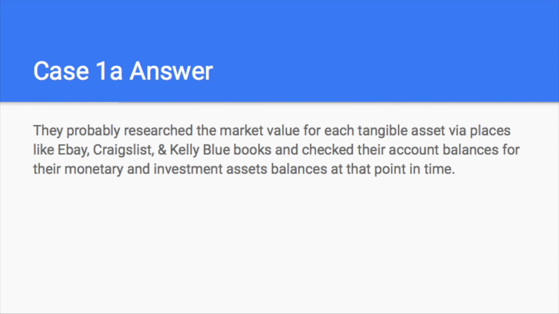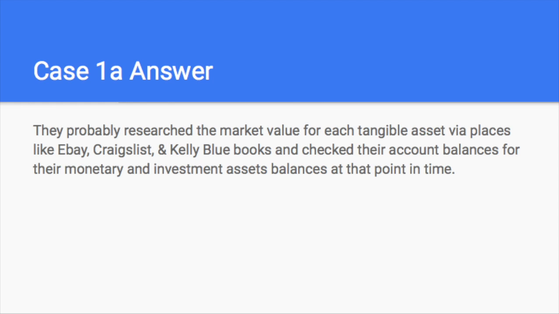Liam, take it away. The answer for Case 1A is that they probably researched the market value for each tangible asset via places like eBay, Craigslist, and Kelley Blue Book. And for their monetary assets and investment assets, they probably checked their account balances at that point in time.